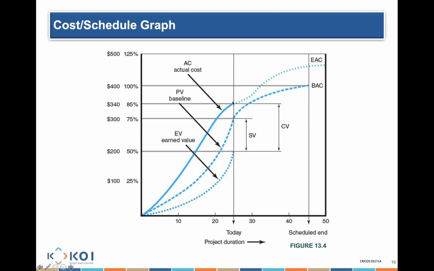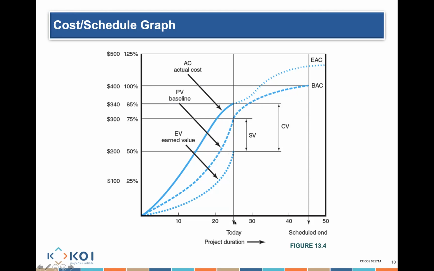My actual cost for that work is 340. Correct, it's over because I spent much more money than I was planned to spend. I was only planned to spend 200, but it cost me $340 to earn only $200 worth of work. So 200 minus 340, I am minus 140. That means I am over budget for that particular period of time.